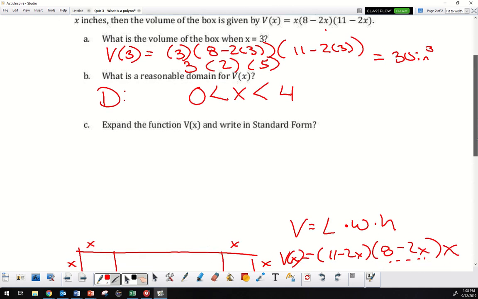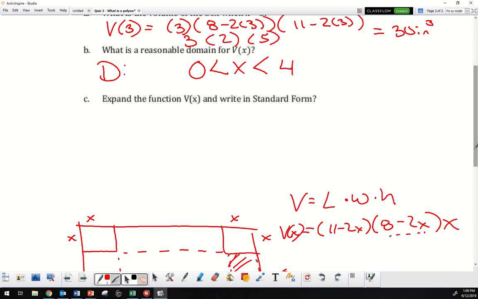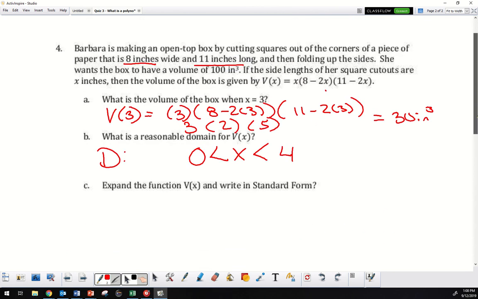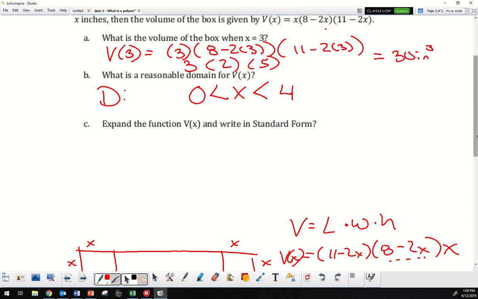So those are my x values for this. And expand this. I've got to scroll it so I can see it. x times the quantity 8 minus 2x, so I'm going to go ahead and do all my distributions.